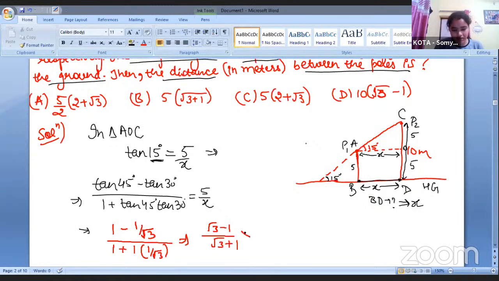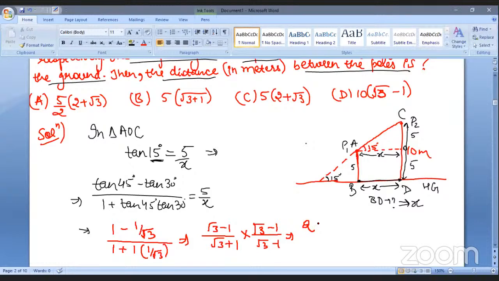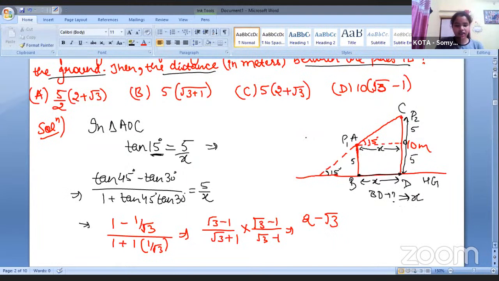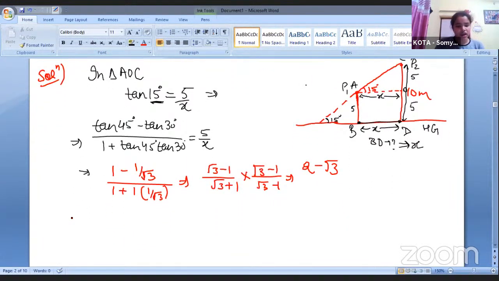If we rationalize it, we will get the value as 2 minus root 3, right? Yes, ma'am. And if its value is 2 minus root 3, and we have to calculate the value of x, it will be 5 upon 2 minus root 3.